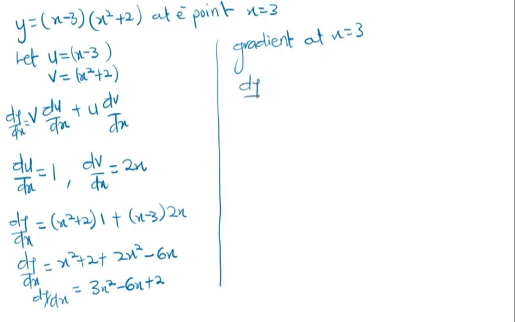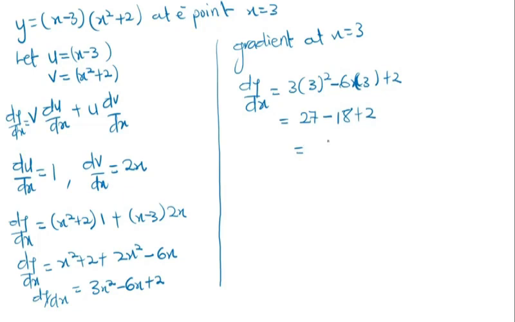So we have dy/dx is equal to 3 into bracket 3 squared minus 6x, which the x over here is 3, plus 2. So we just simplify. So this will give us 27 minus 18, then plus 2.